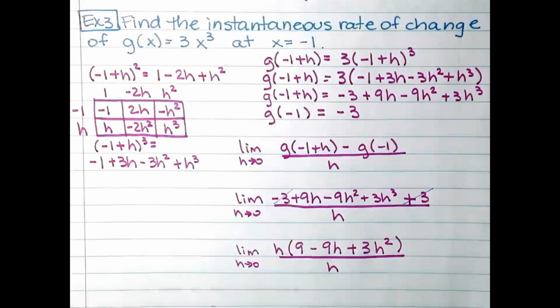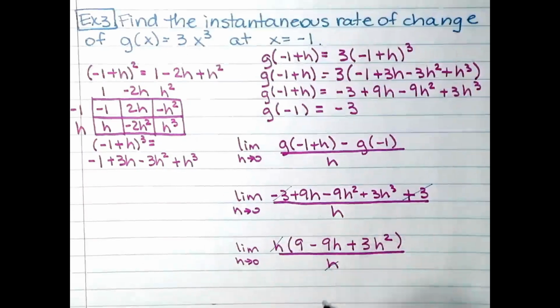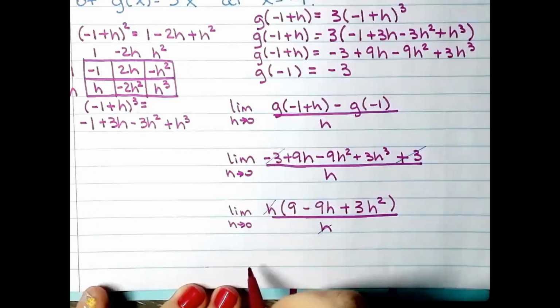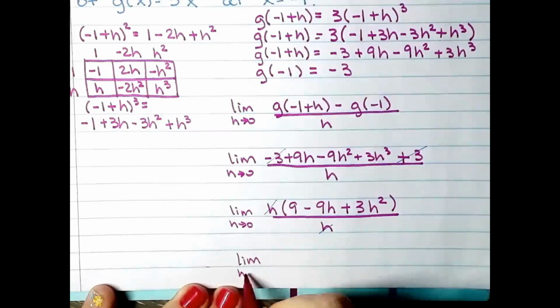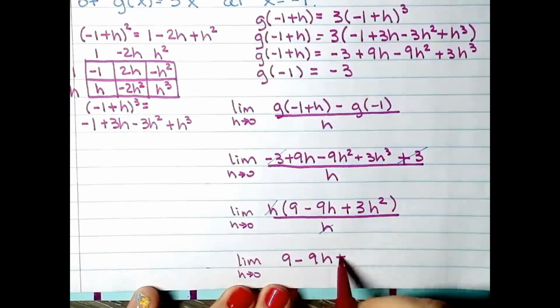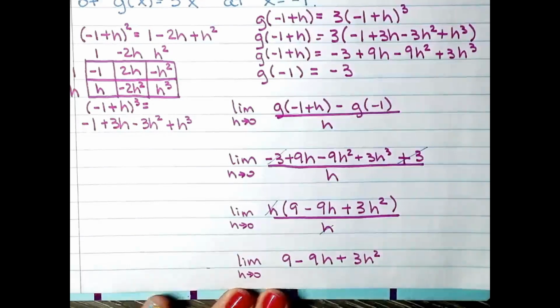We have to simplify h. Oh, we're getting somewhere, guys. Now, limit as h approaches 0 of 9 minus 9h plus 3h squared.